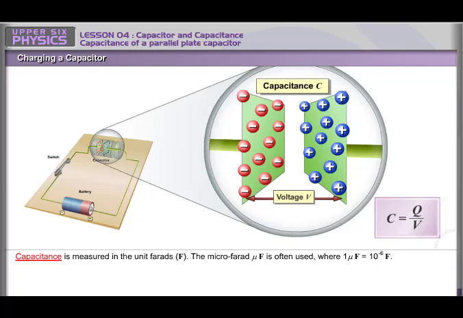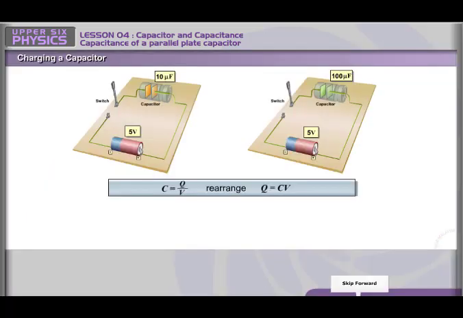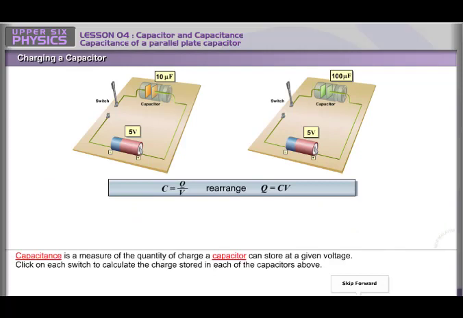The microfarad is often used, where 1 microfarad equals 10 to the power of -6 farads. Capacitance is a measure of the quantity of charge a capacitor can store at a given voltage. Click on each switch to calculate the charge stored in each of the capacitors above.